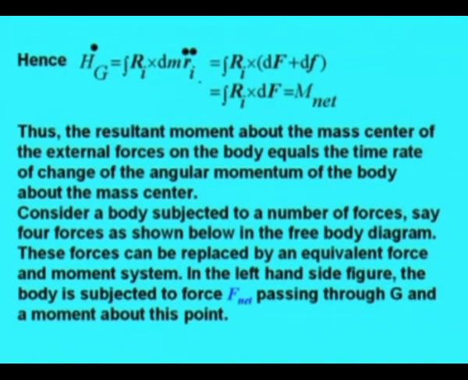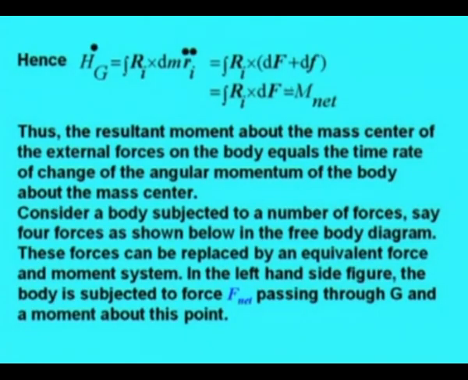So dm times Ri double dot, here you can apply Newton's law and you get this. Now these are the internal forces, so their moment will obviously be 0 and you are left with Ri cross df external, and that will equal the net moment.